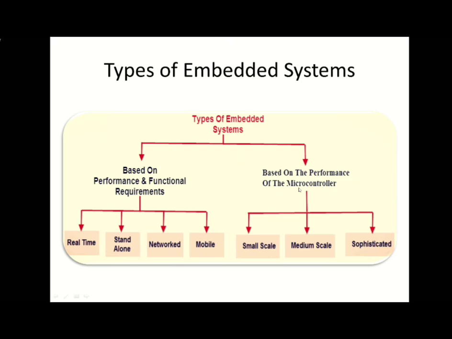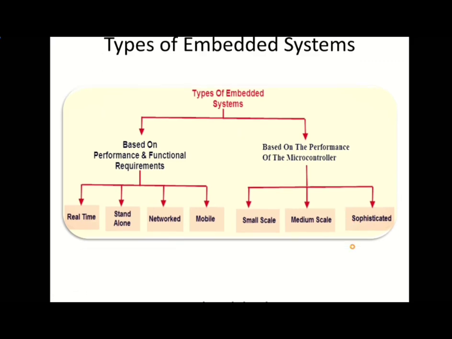Under performance and functional requirements, we have four types: real-time, standalone, network, and mobile. Based on the performance of the microcontroller, we have three types: small scale, medium scale, and sophisticated. Right. So let's go to the next slide.